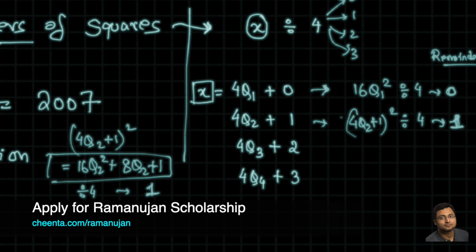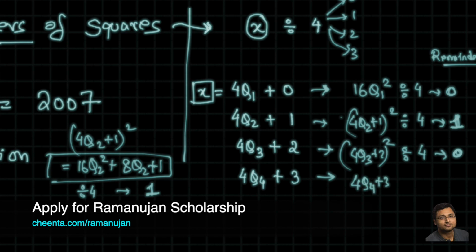Now you can check what happens in the other two cases. 4q3 plus 2 whole square, if you divide that by 4, the remainder will again be 0. And 4q4 plus 3 whole square divided by 4 gives remainder 1.